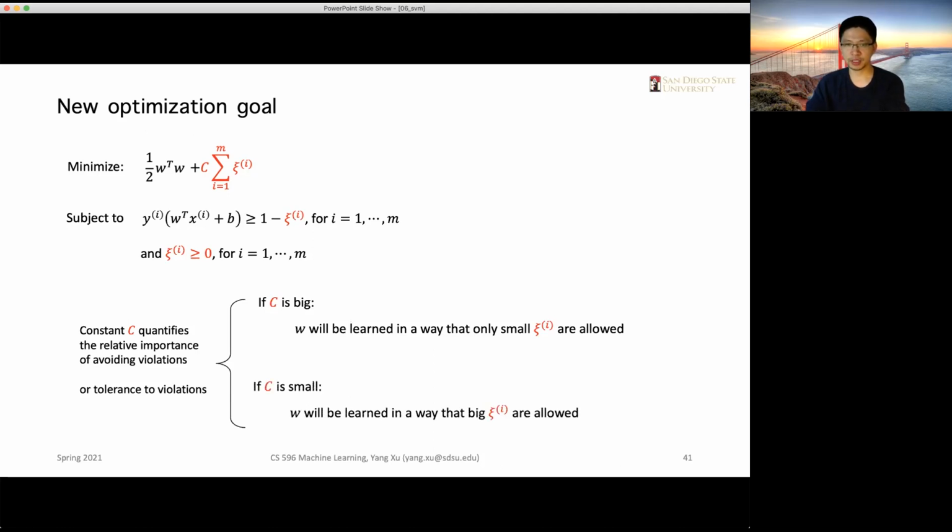If C is small, then we are able to learn in a way that big psi are allowed, because C is the strength of the constraint. It's a bit similar to the L2 regularization, right? Remember, we want to minimize the total norm of the parameters, and that L2 term is also controlled by the lambda. So it's similar in that sense.